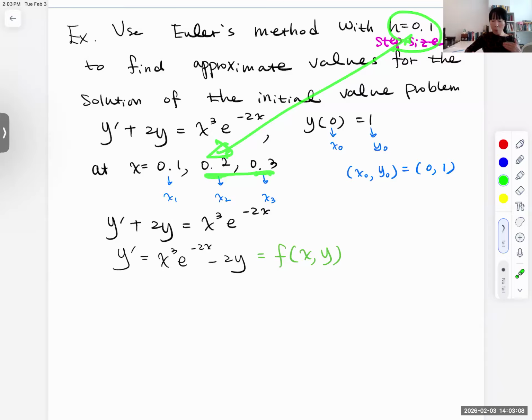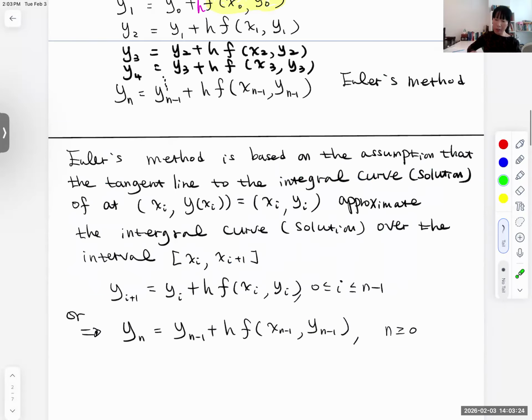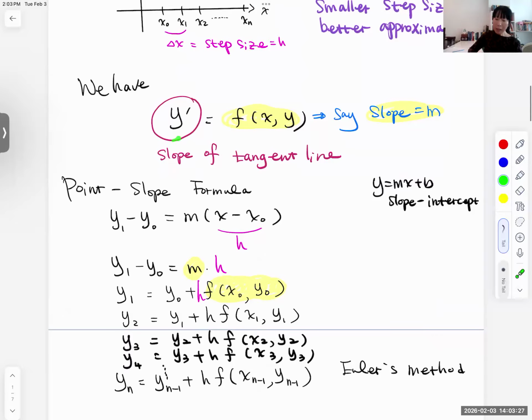But then we want to find only 3 steps: 1, 2, 3. It's given. And then the differential equation is like that. The form we had earlier is f prime equals a function. So we make one side just the differential equation form y prime and the other side about the function.